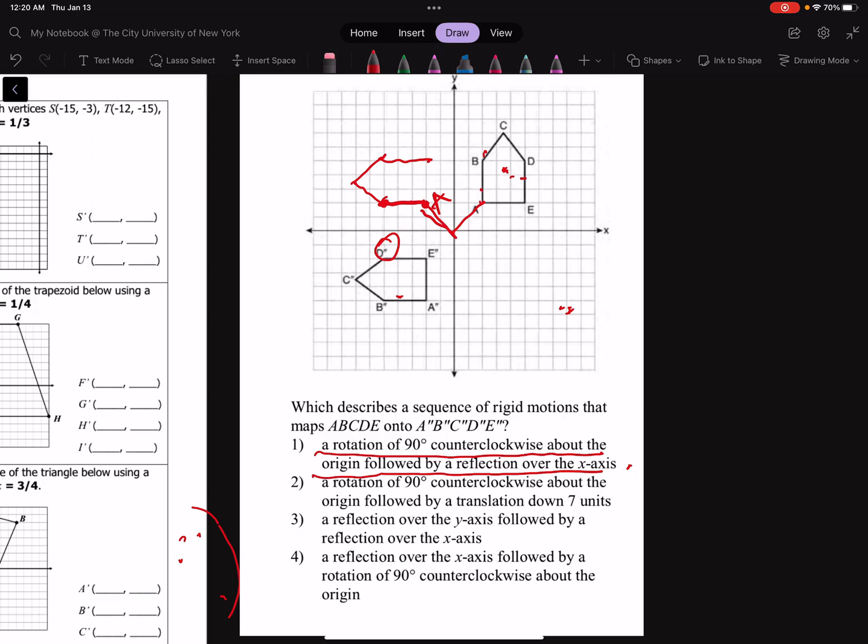Then it will reflect over here. I don't think that is going to be reflection, because if it reflects through this, what will happen? A should be coming over here. It's a very critical question.